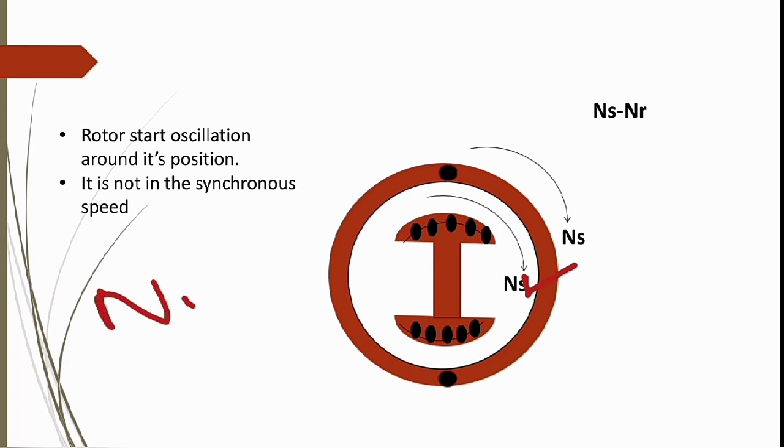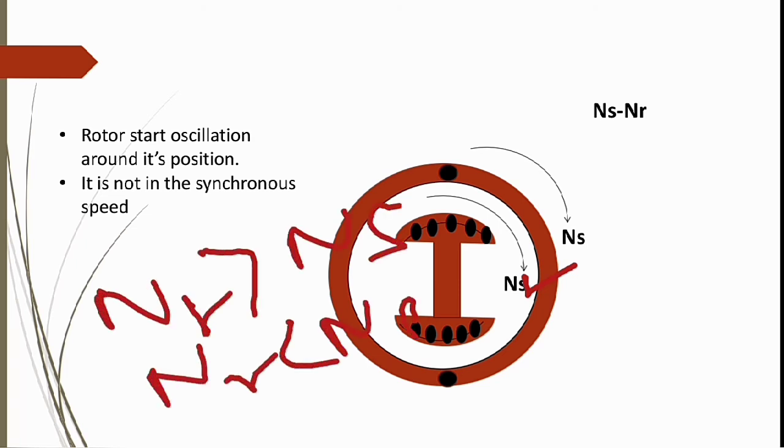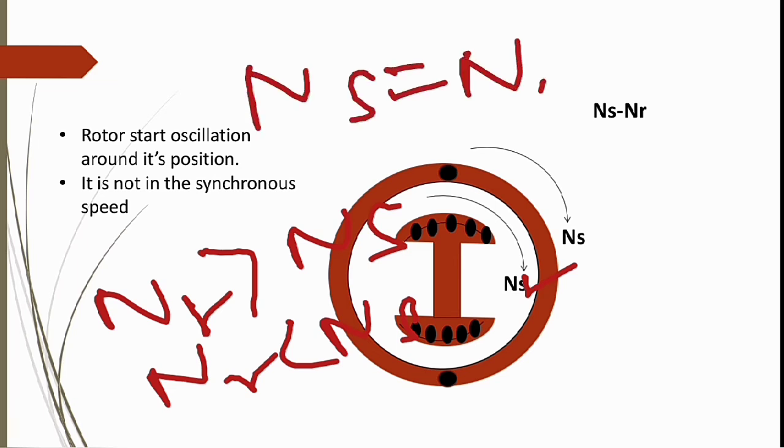You can say either nr is greater than ns or nr is smaller than ns. Whatever happens after the disturbance we do not know, but it is not equal to ns.